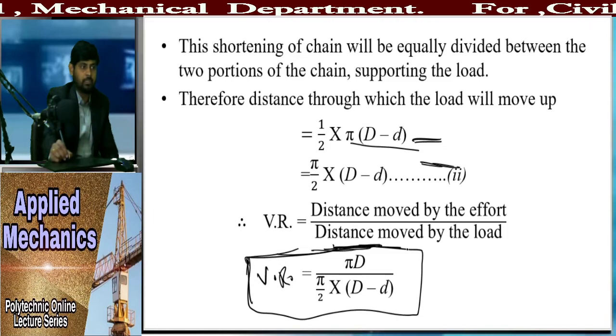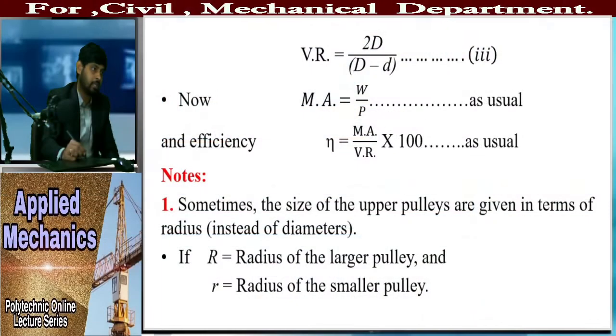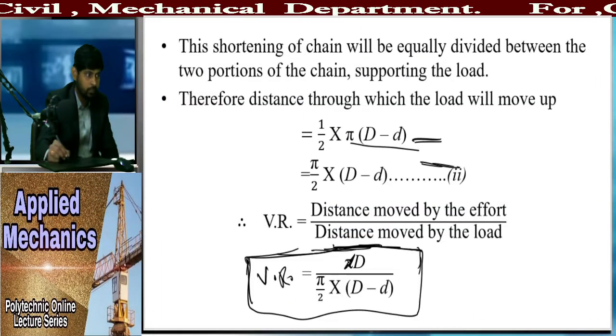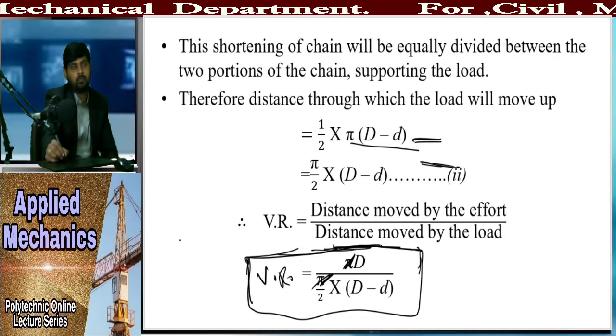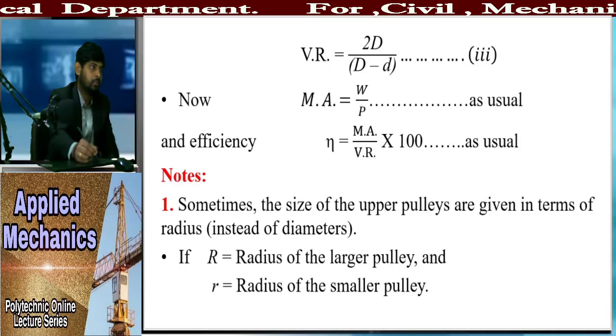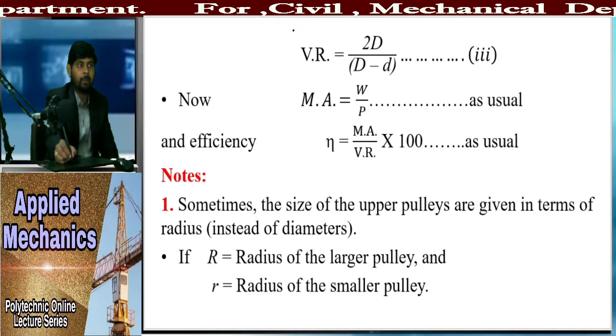Just read once again: the velocity ratio of Weston's differential pulley block is pi D divided by pi by 2 into (D minus d). Now you can see in this equation, this pi and this pi will get cancelled. After cancelling, we get the term 2D divided by (D minus d).